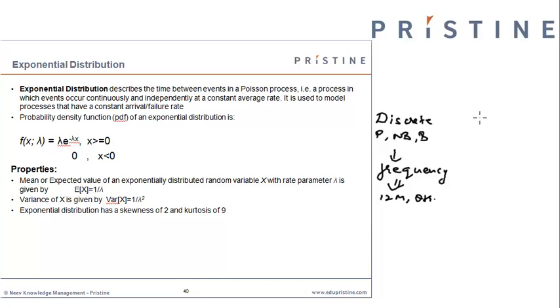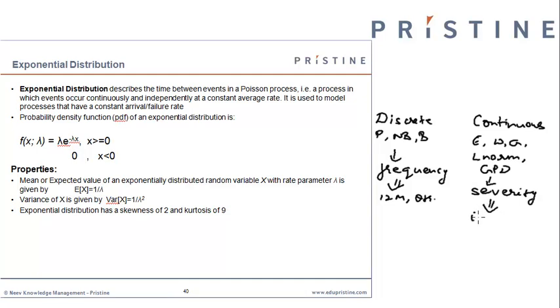Now we will look at a few continuous distributions like exponential, Weibull, gamma, log normal, and GPD, which are used to model severity of individual losses. Now remember, it is the severity of an individual operational loss.